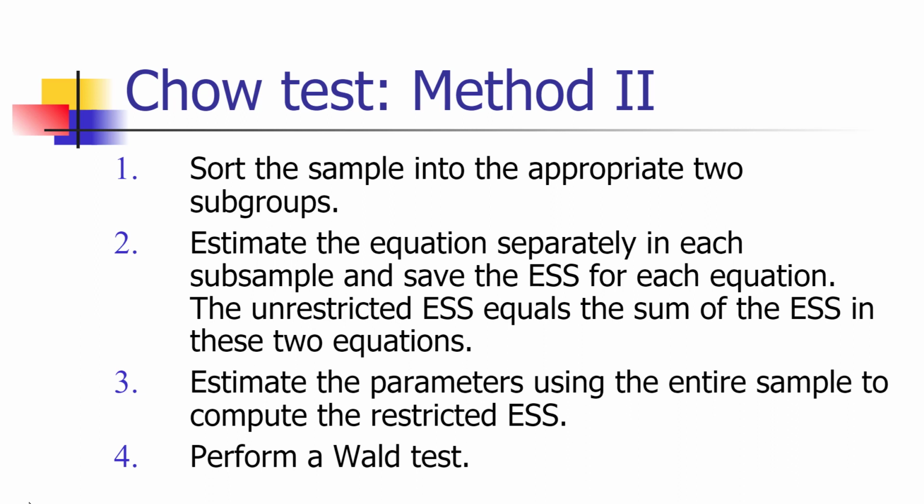However, it'll also give you a little bit less information, because if you can reject the null hypothesis that all the intercept and slope parameters are the same, you won't know whether it's just one parameter that's different or all of them. An advantage of the first approach is you can look at the t-statistics on the dummy variables and the interaction terms to determine whether all the parameters are different or whether it's only one or a small number of parameters that differ between the two subsamples.